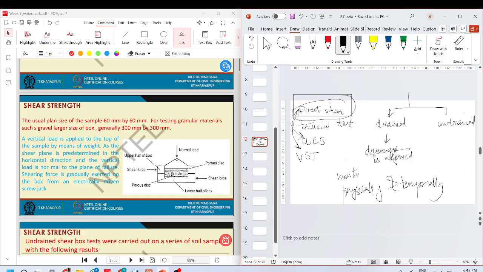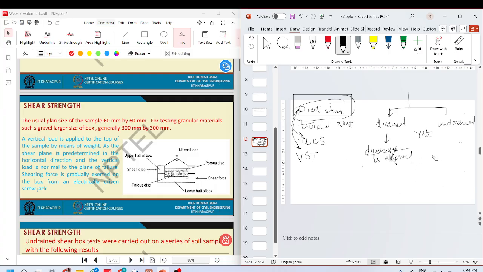It does not mean that if I have a clay sample and I don't confine the outer boundaries, so the water is free to flow out, and then I load it, this is a drained loading. Drained loading is when the rate of loading is slow, such that the excess pore water pressure generated due to the loading gets time to dissipate.